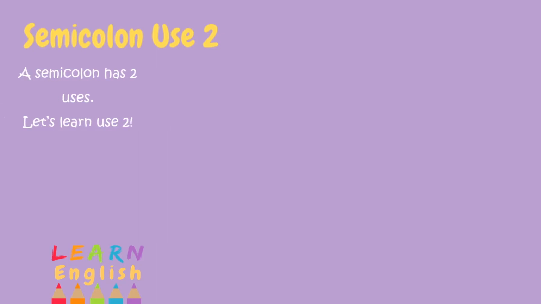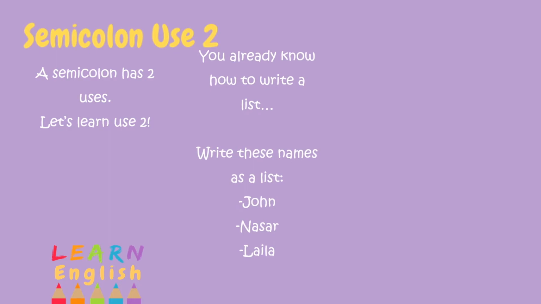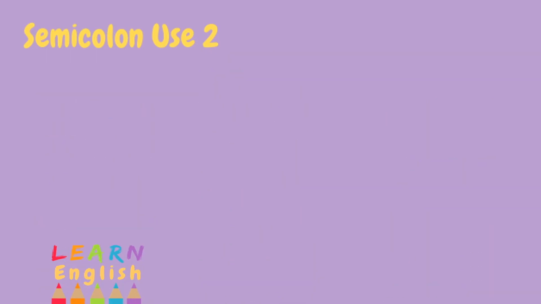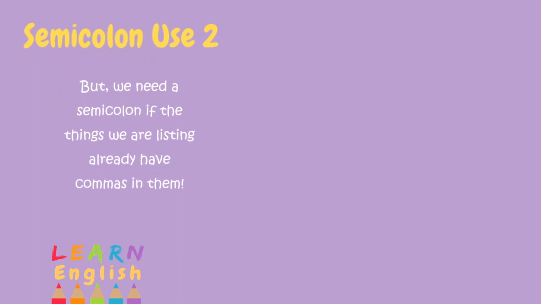Now that you've mastered our first use of a semicolon, let's learn use 2. You already know how to write a list. Let's remind ourselves. Pause the video and write these names in a list. You should have ended up separating the names with commas like this. But we need a semicolon if the things we are listing already have commas in them.